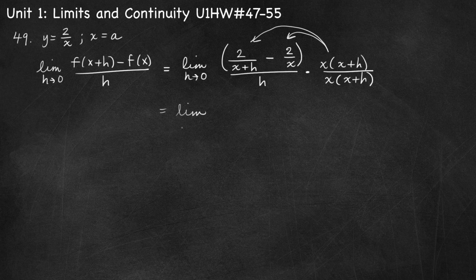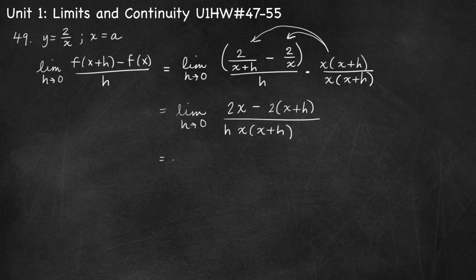That's going to give me the limit as h approaches 0. When I multiply 2 over x plus h times x plus h, the x plus h's cancel out. So I have 2 times x minus, when I multiply 2 over x times x plus h, the x's cancel out. So I have 2 times x plus h, all over h times x plus h.